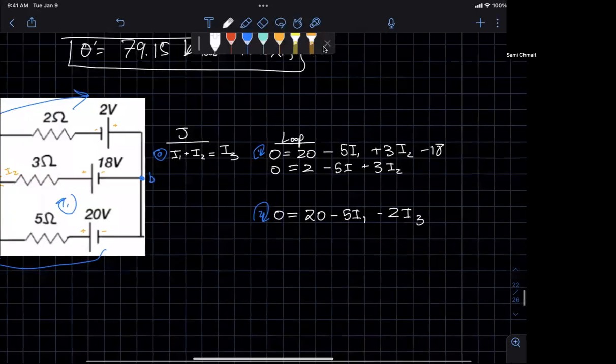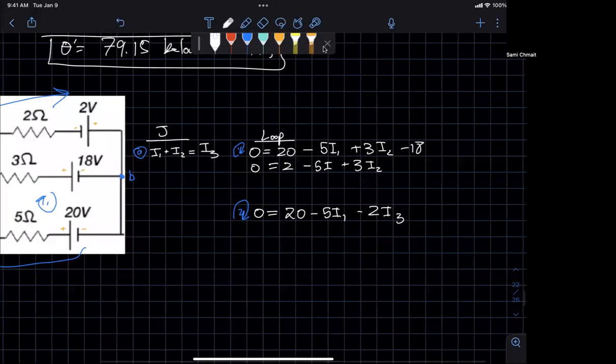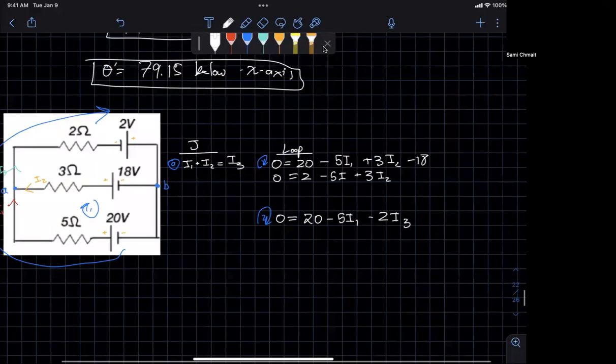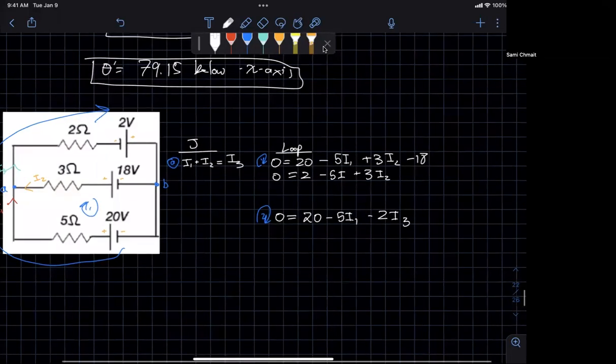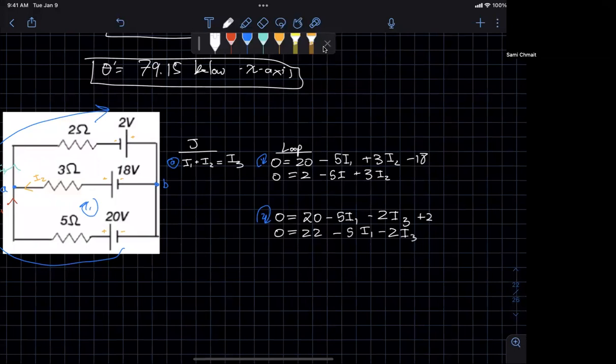Next. Plus 2. Why is it plus 2? Everybody see that? So now you just got to clean up this equation. You'll have 22 is going to be equal to minus 5i1. And then what's that? Minus 2i3.